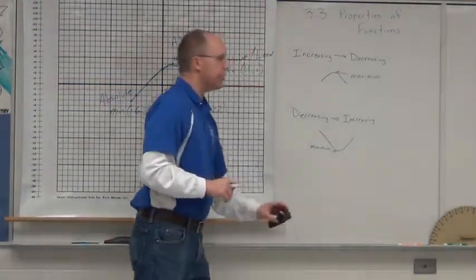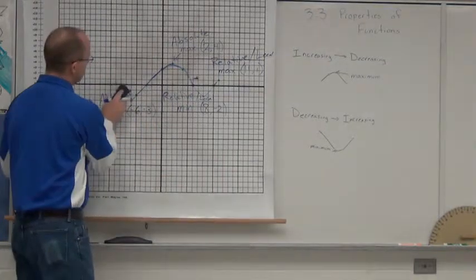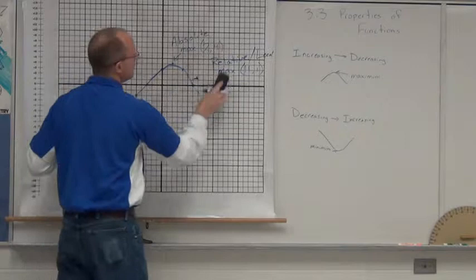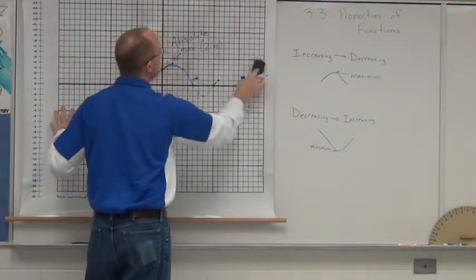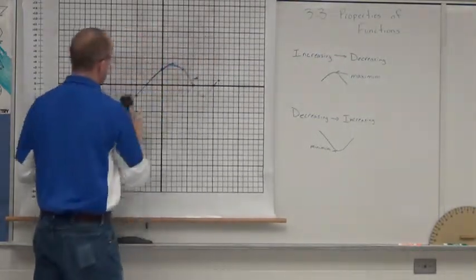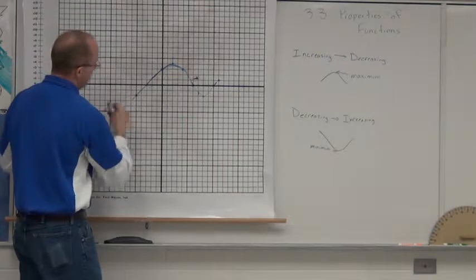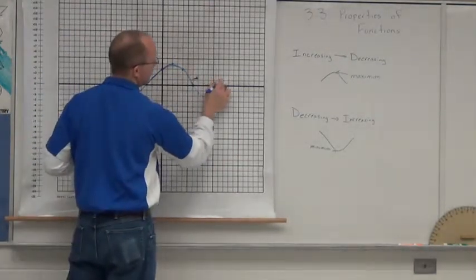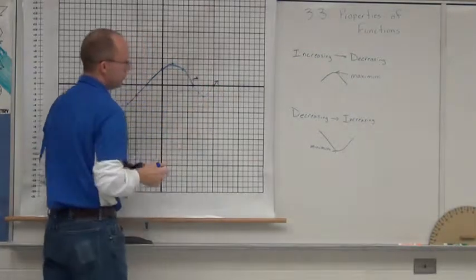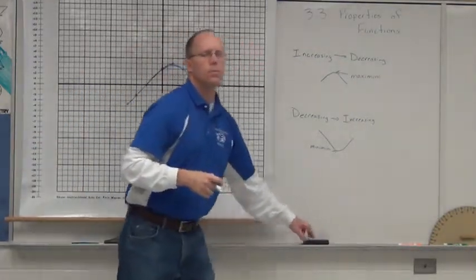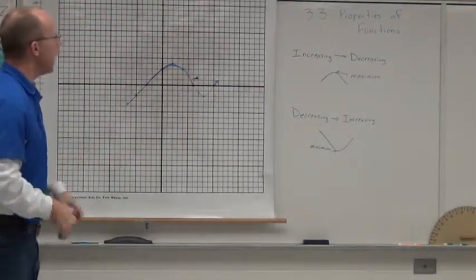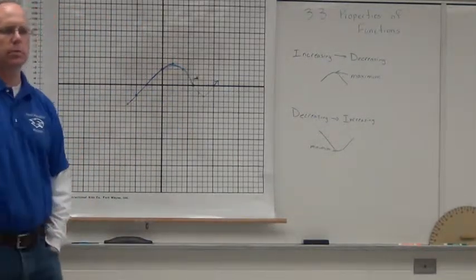If I change this graph just a little bit, and I put arrows on the ends, would I have any maximums or minimums?